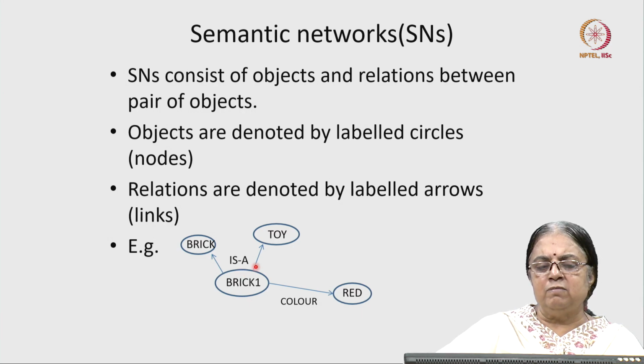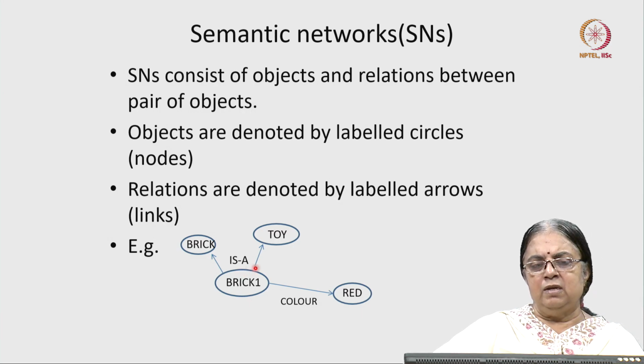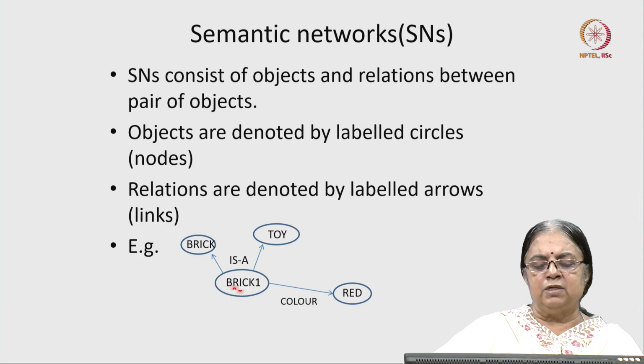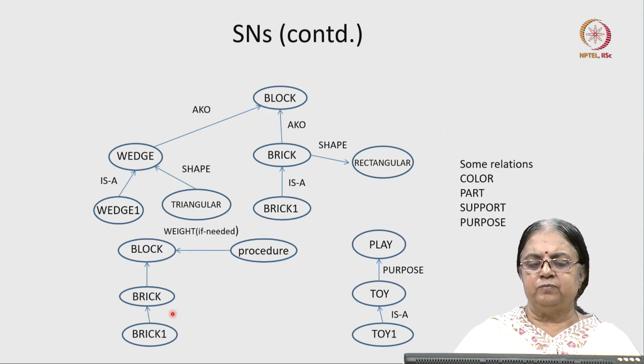You have some very specific relationships, for example, is a. So, we are talking about a specific brick 1, and it is a brick, and it is a toy if you are using it as a toy, and the color is red. These are the properties or relationships found along these links.